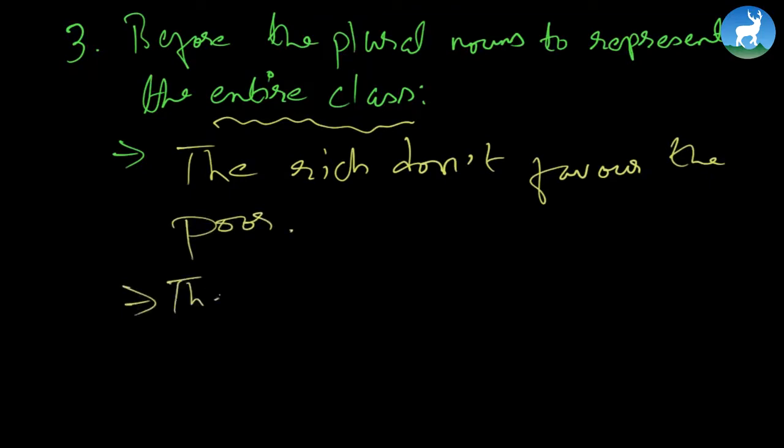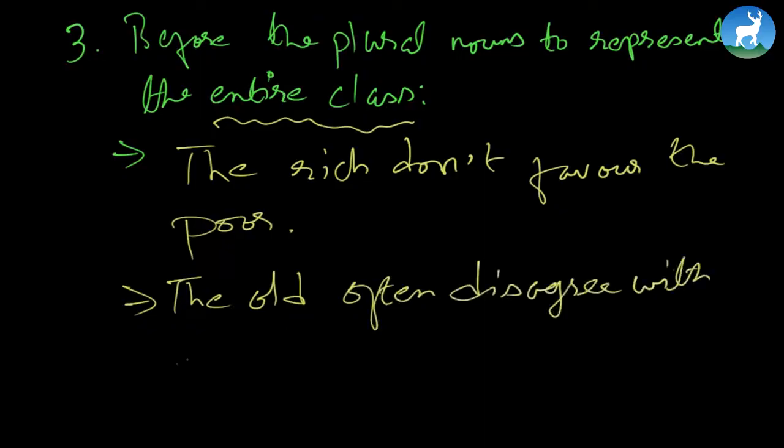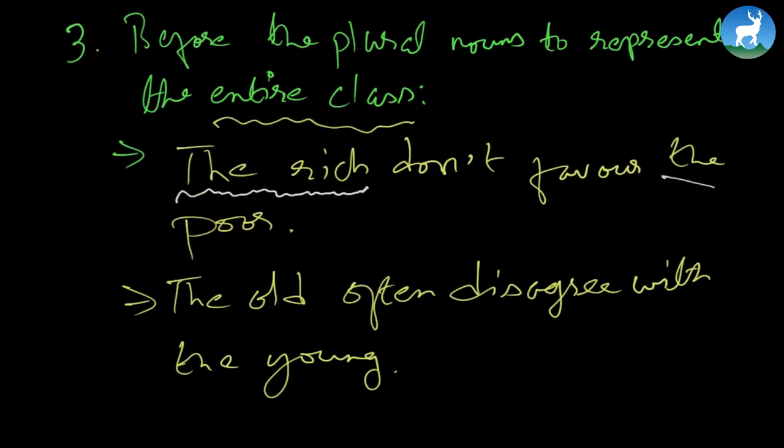Second example. The old often disagree with the young. You might be wondering about plural. Having said plural, you might be wondering about anything ending in S. But no, here they are all rich people. The rich don't favor, again, the poor, meaning we're talking about all the poor people. The old people, many old people, or all the old people often disagree with the young.